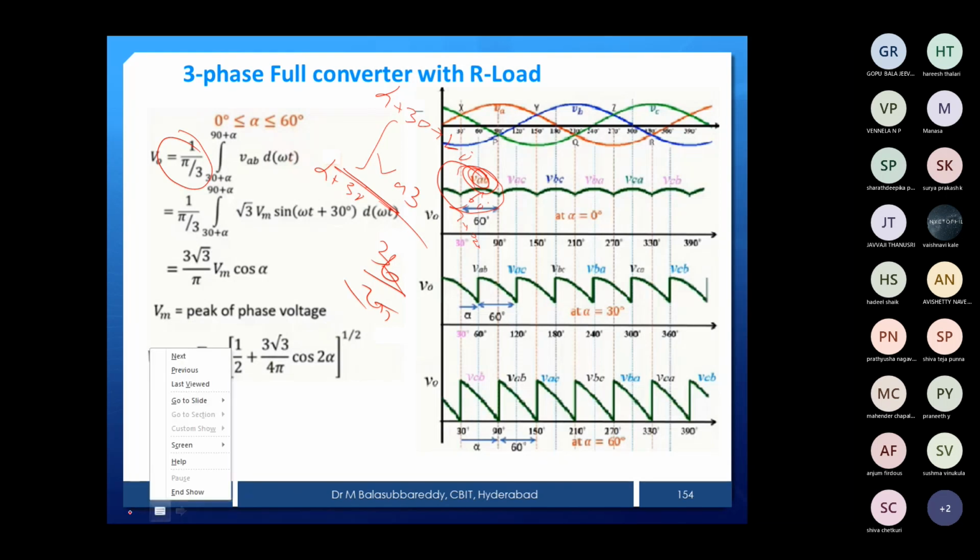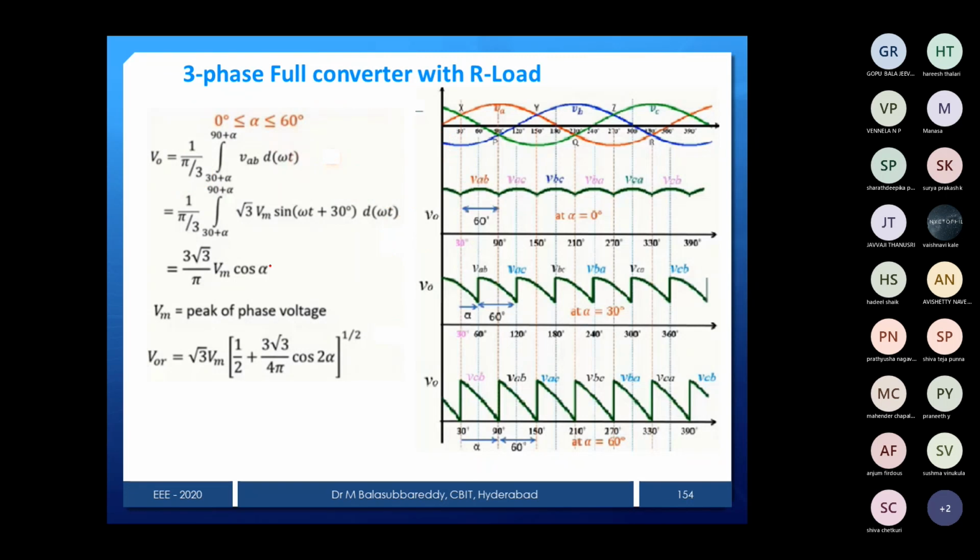Once you make the limits like this, V out or VDC equals 6 by 2 pi, integral from alpha plus 30 to alpha plus 30 plus another 60 degrees, of VAB. VAB is nothing but VA minus VB.